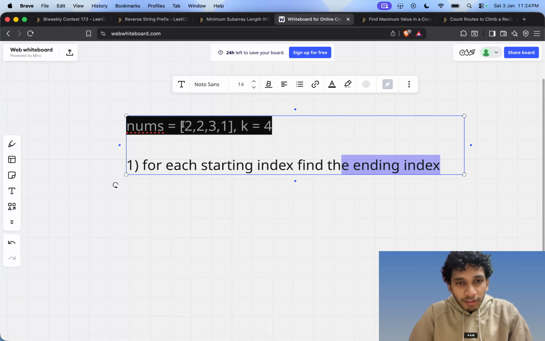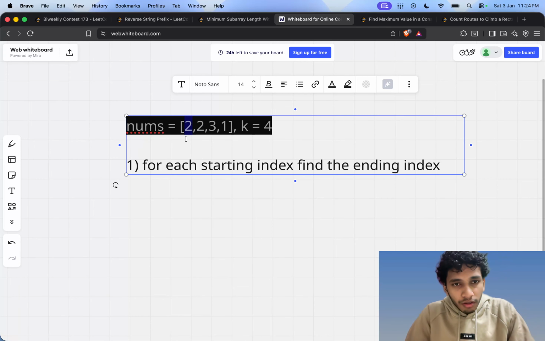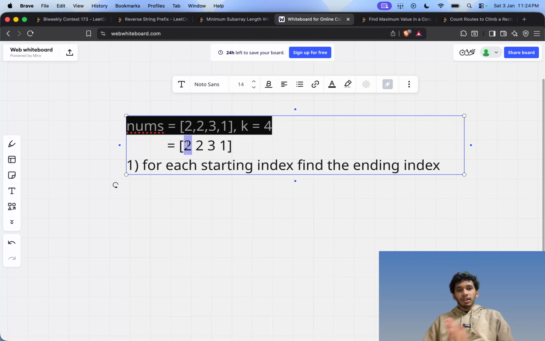For example, we start with this 2 here. Alright, if it's not visible, I'm writing it again. 2, 2, 3, 1. If we are starting from this 2 here, which particular index will give us sum greater than equal to 4. It is the second index. We start from first index and we end at second index.